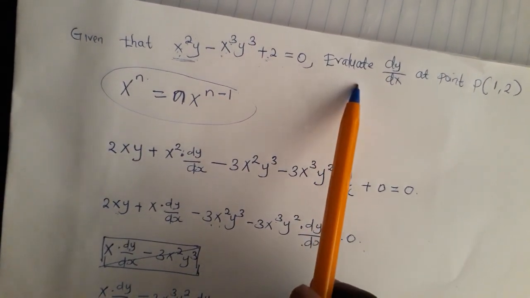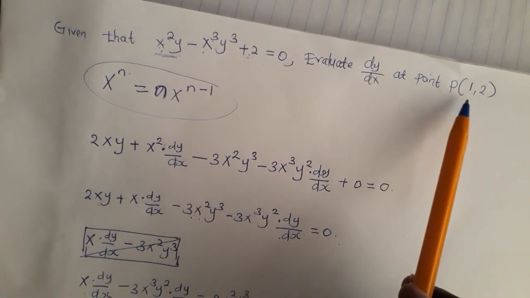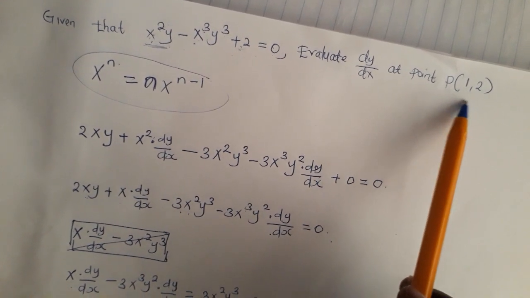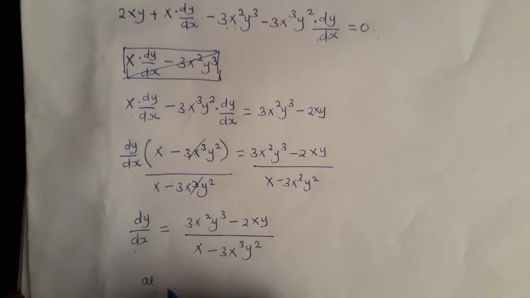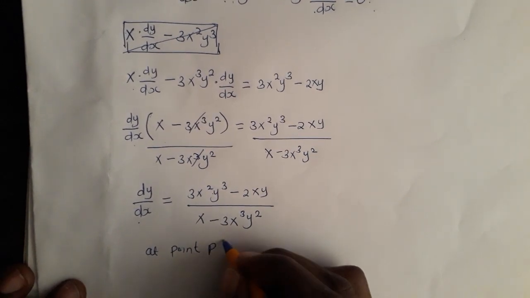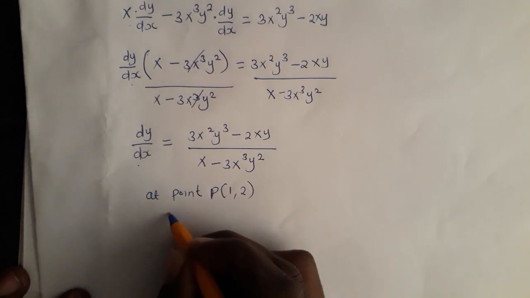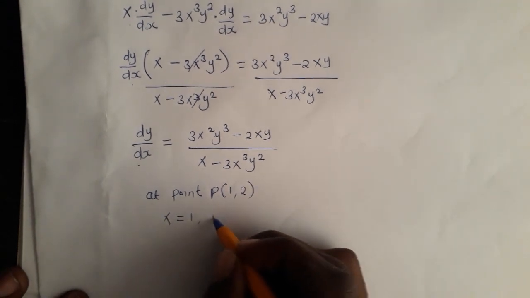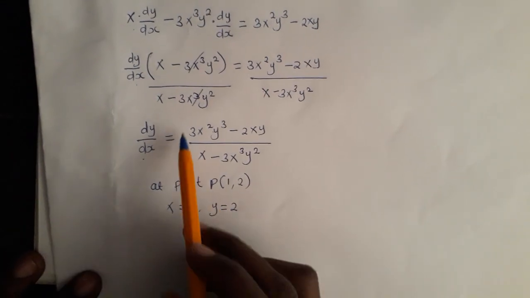But now we have been told to evaluate dy over dx at point P when x is equal to 1 and y is equal to 2. So at point P, coordinates 1 and 2, our x is equal to 1 and our y is equal to 2. Now we replace these values into this equation.